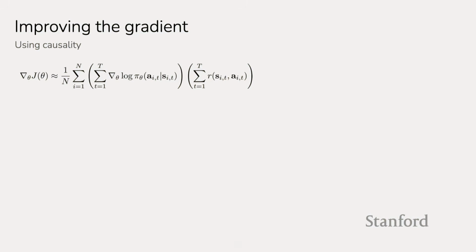There's one thing that we can do about this, that we can already directly improve the gradient in a fairly simple way. In particular, one observation that we might make is that if you're in the middle of a trajectory and you take an action, that action has no influence on previous states. And right now, the gradient is using the rewards at all states in the trajectory in the gradient update.